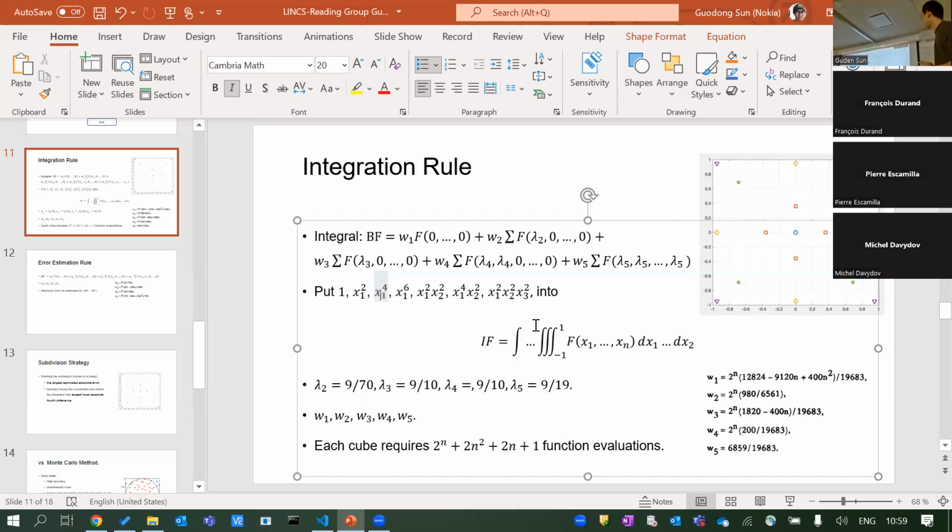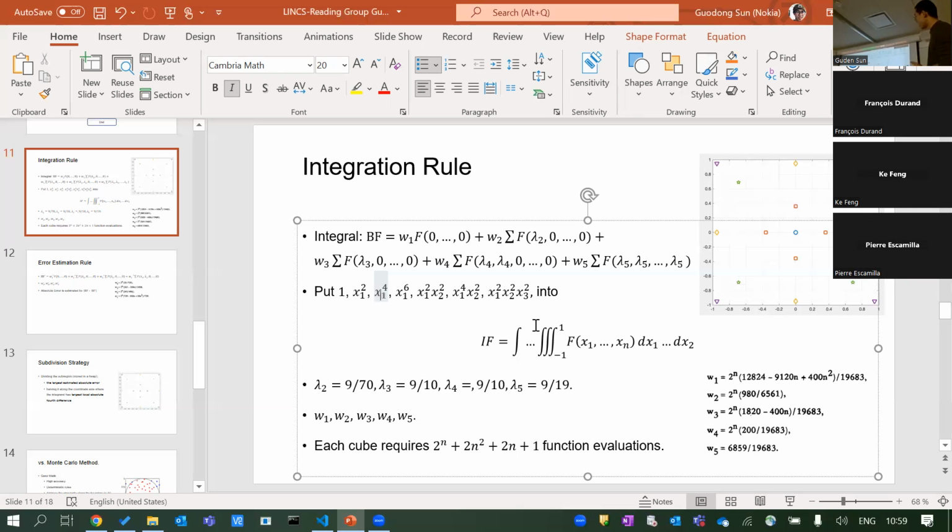Okay, may I ask one clarifying question? Yeah. So this is approximating the output of the integral, not the function itself, not the function being integrated. So BF is an approximation of IF, which is the output of the integral of the function f.